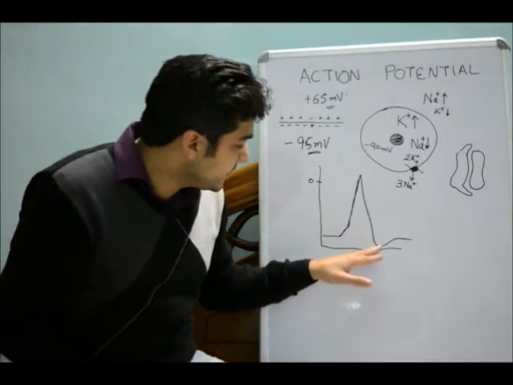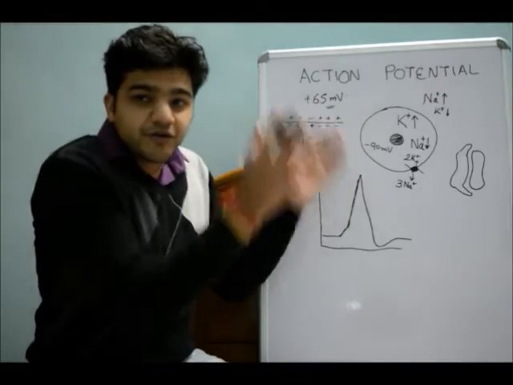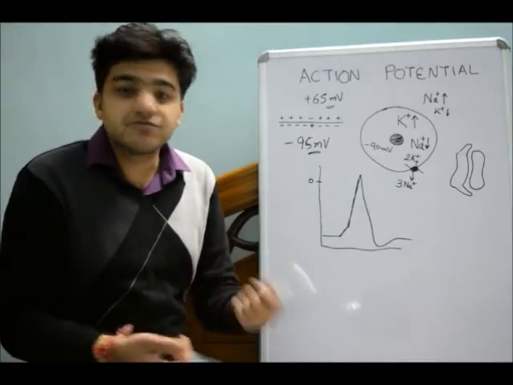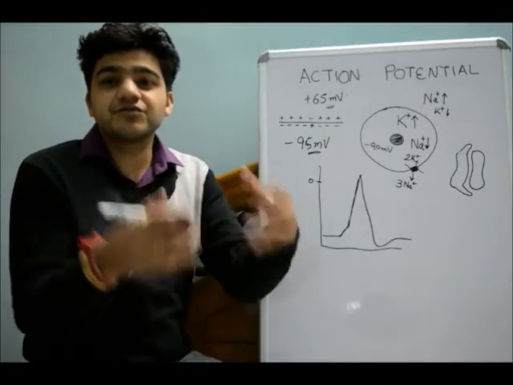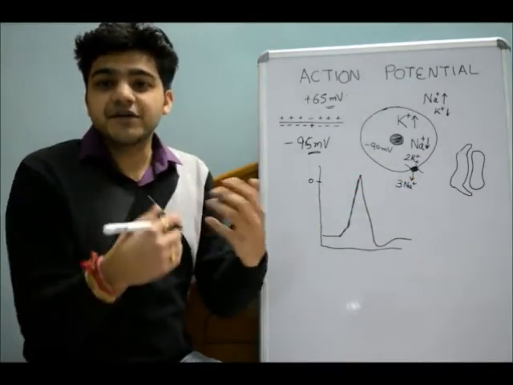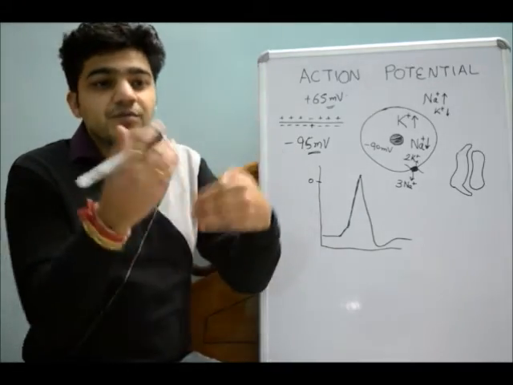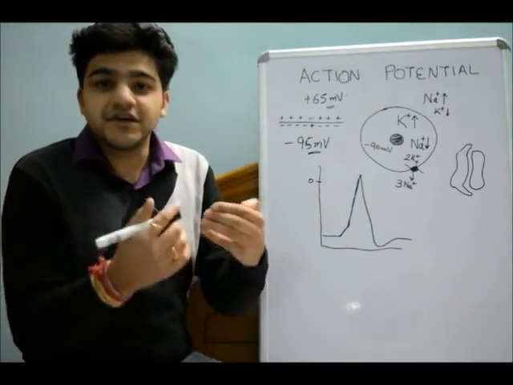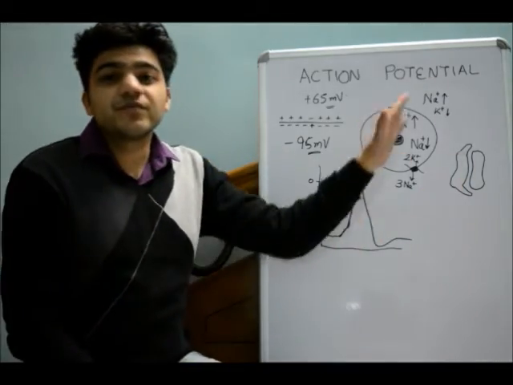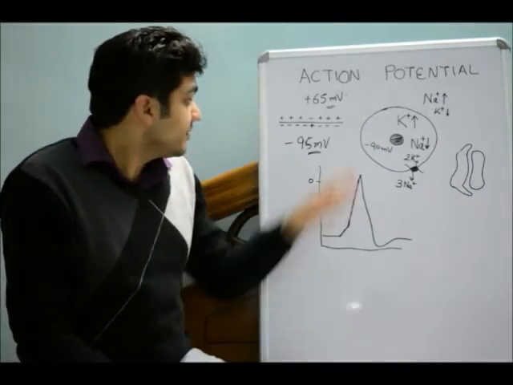Okay, so when all these things happen, the sodium potassium pump is again at work. It pumps out whatever sodium has entered the cell, and potassium is pumped back into the cell, and the normal constitution of the cell is restored. And this is how an action potential finishes.